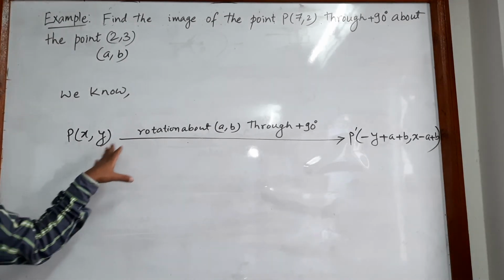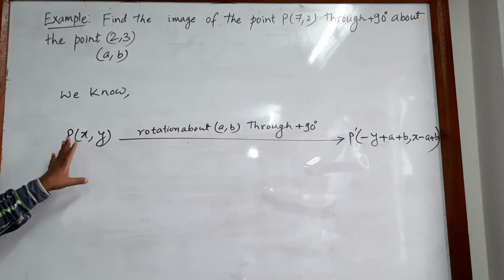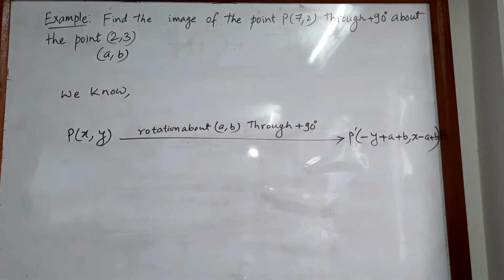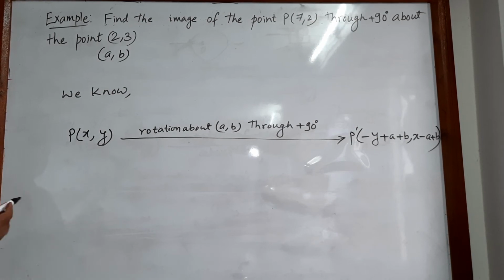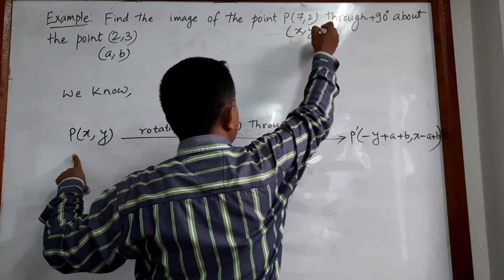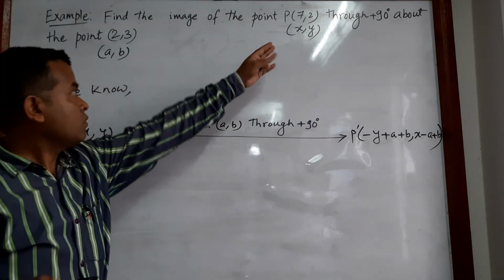You can use that technique in rough and write this formula. And after writing the formula, our point P(x, y) is (7, 2). In place of x we have 7, in place of y we have 2.